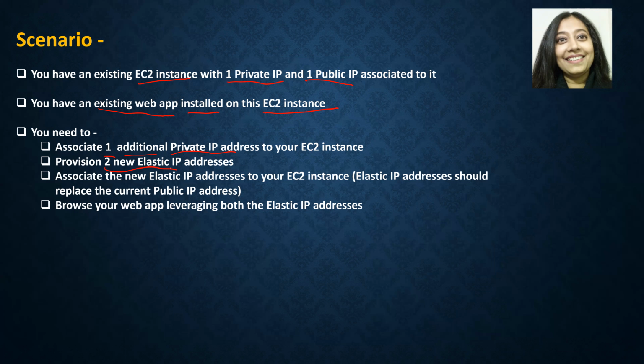Once those elastic IP addresses are provisioned, you need to associate these elastic IP addresses to your EC2 instance, and it should be done in such a way that it replaces the current public IP address. Finally, you should be able to browse your web app leveraging both the elastic IP addresses. Okay, so this is what we will try and accomplish in this lab.